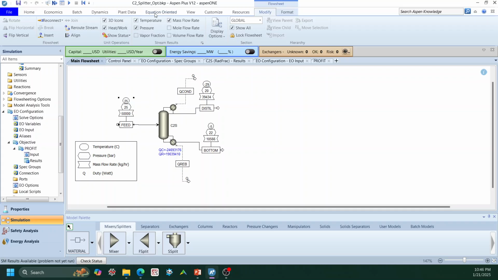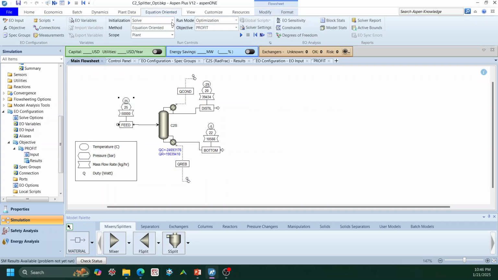So if we use the sequential modeler, we run it as our initial. Yeah, just to let you know, it takes some time.